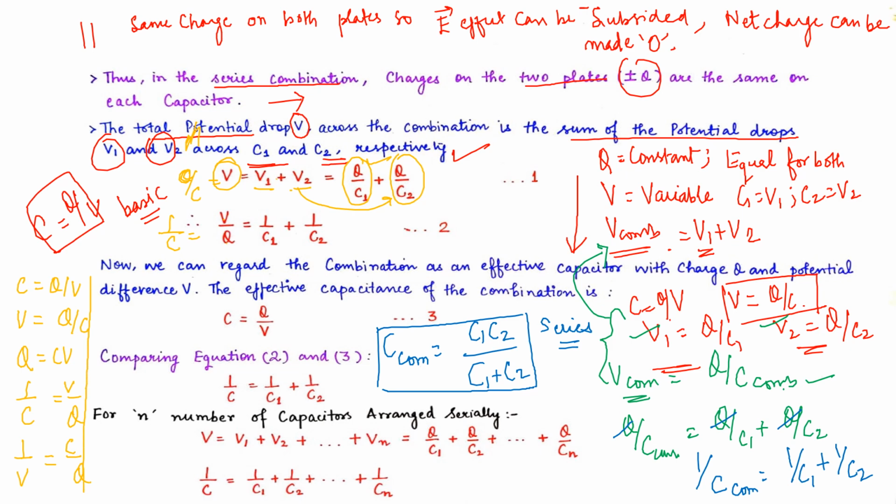Now see this equation over here. The fourth one is what we have used in step number 2. So V upon Q equals 1 upon C1 plus 1 upon C2. Now we can regard the combination as an effective capacitor with charge Q and potential difference V. So this is our basic formula where we have substituted the charge and the potential difference.